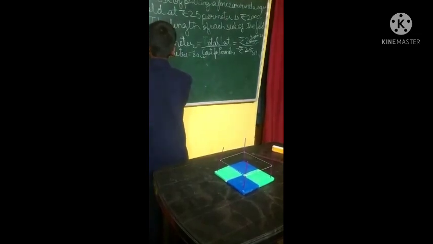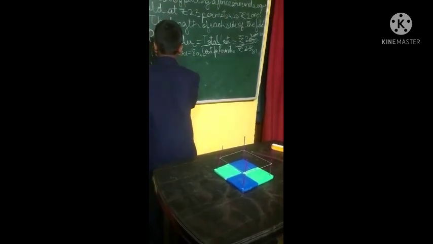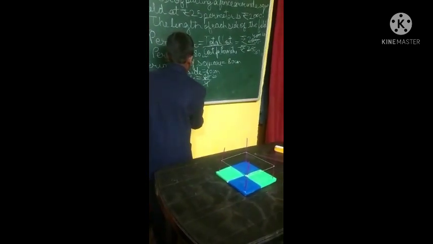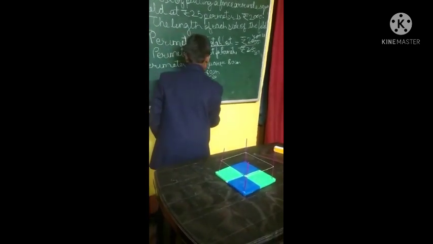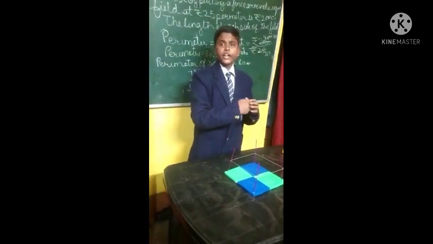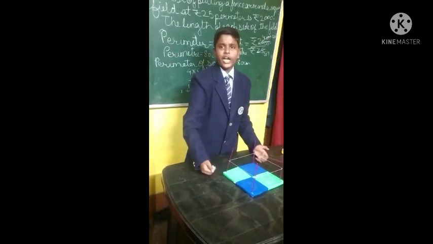Then we have to find the perimeter of a square. Side equals 20 centimeter. The 20 centimeter of wire is needed for fencing a square field.